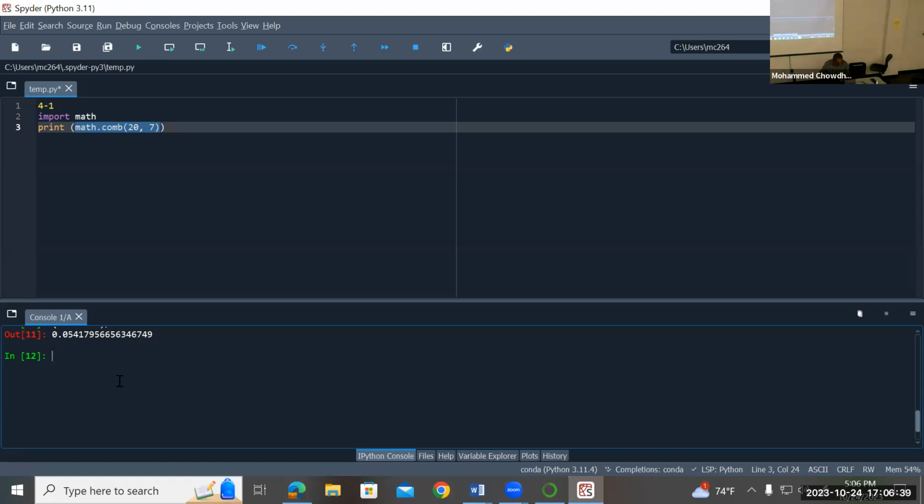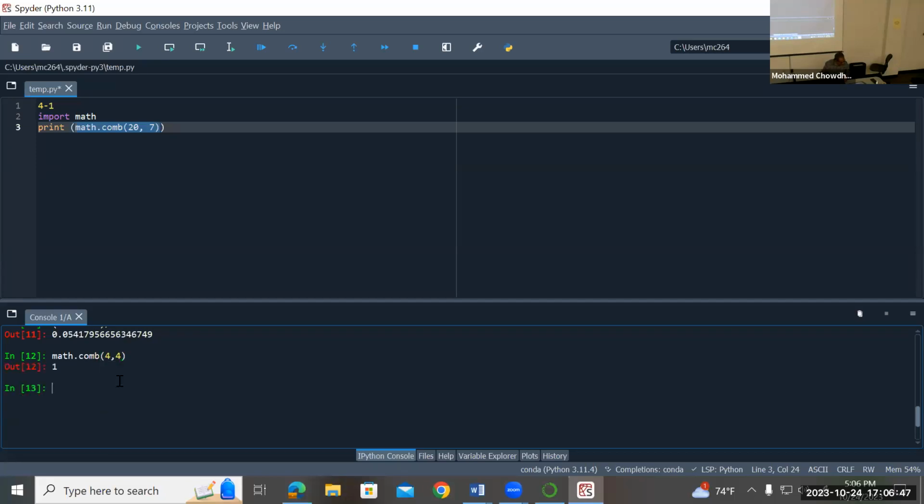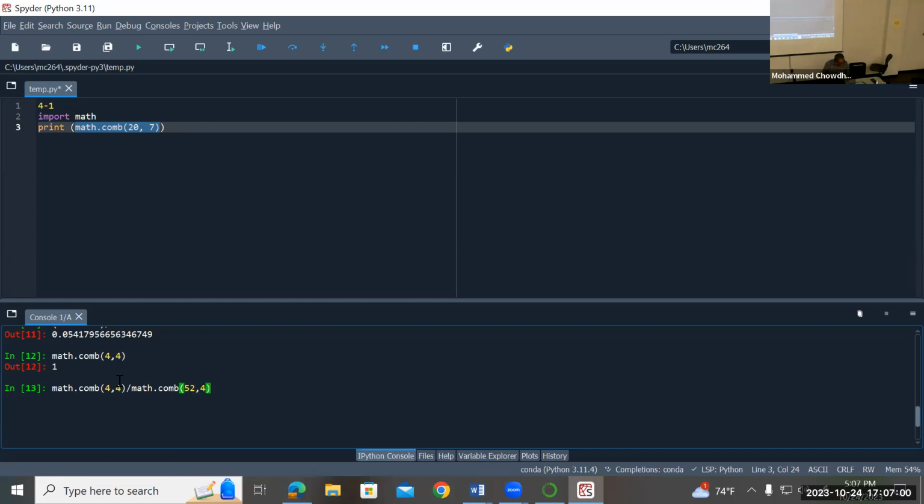If you write it here, 4 choose 4 is just 1. And then the denominator will be 52 choose 4.